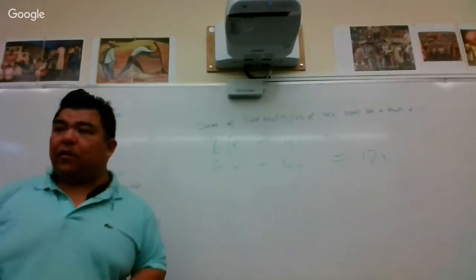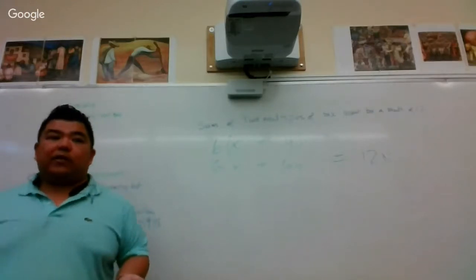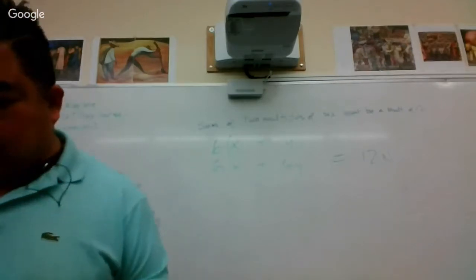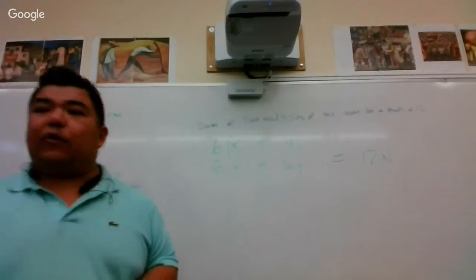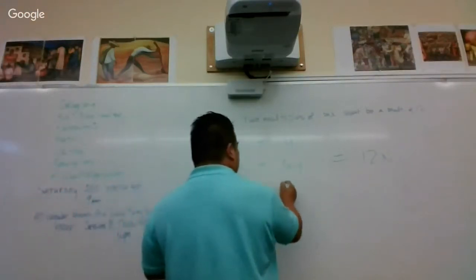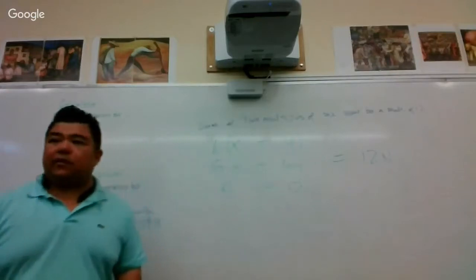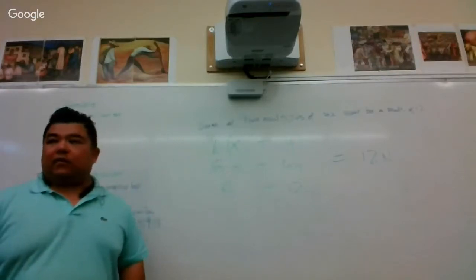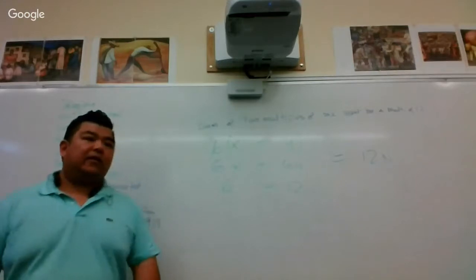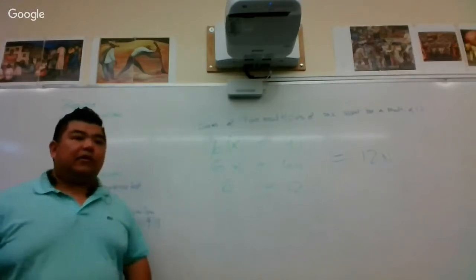Right. So where should we start for this one? We'll start with C, okay? 6 and 12. Can we use these numbers? What do you guys think? Jeremy? Can we use these numbers? 6 and 12?